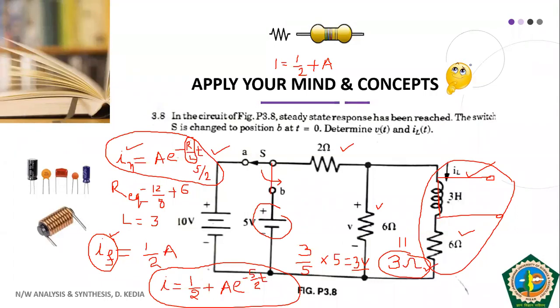So the value of A comes out to be 1 by 2.